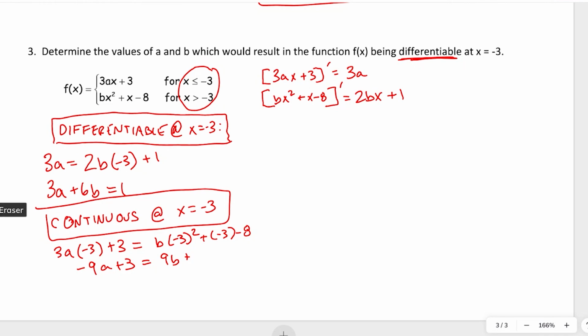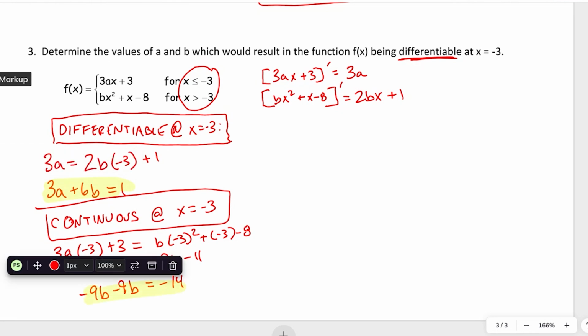That's minus. So minus 11. And then I'm going to try to pull all my variables to the left-hand side and leave the constants to the right. So I'm going to subtract 9b from both sides and subtract the 3 from both sides, so I get -14.